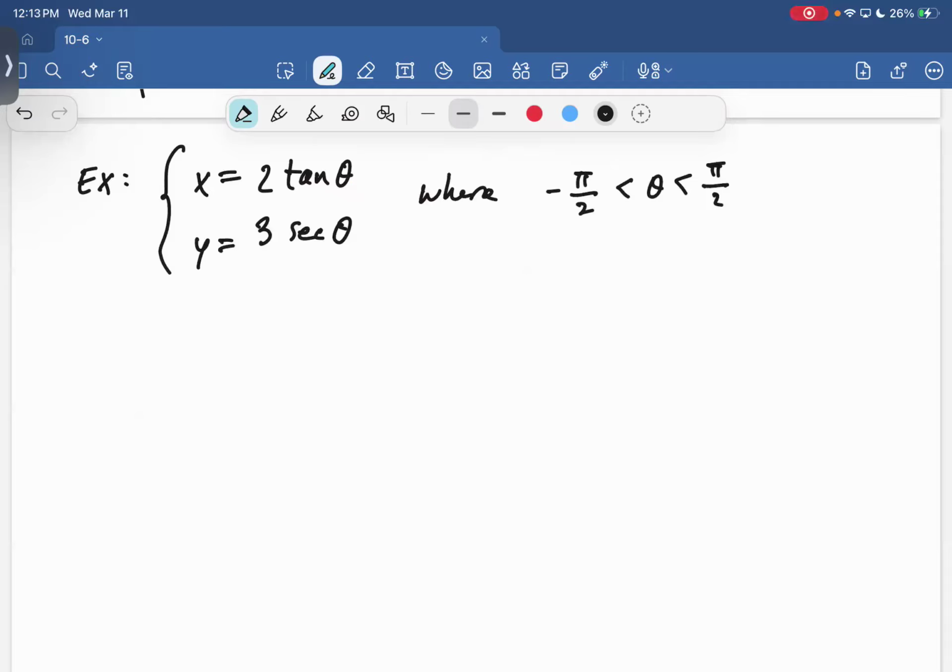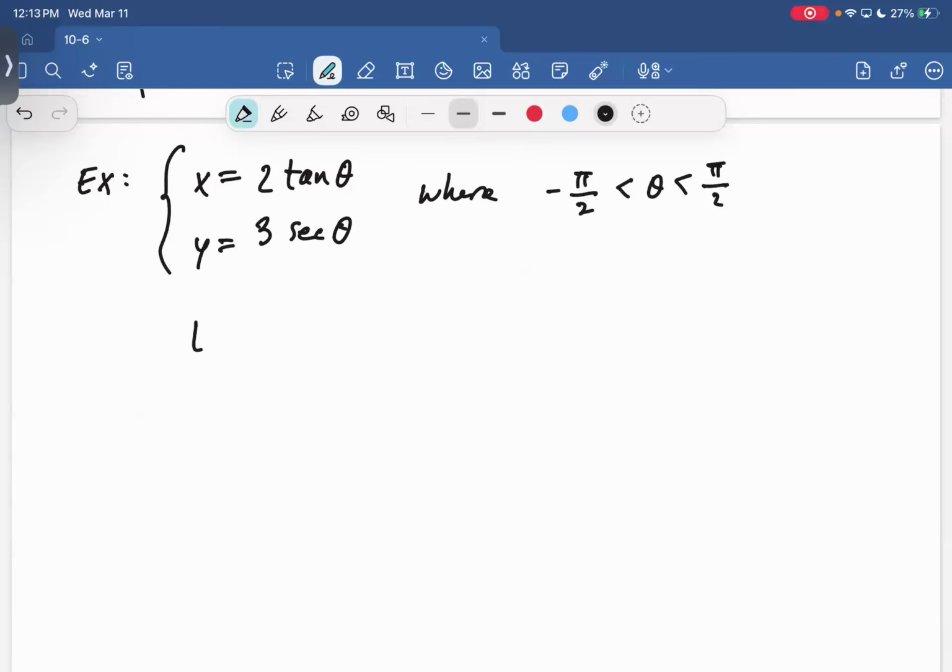Let's talk about questions E and F. So E and F are going to give us hyperbolas, but also there's an extra wrinkle, which is that theta is limited between a certain interval. Can anybody think about why it might be limited to a certain range or domain? Very good. That's because tangent and secant are both undefined when theta equals pi over 2 and negative pi over 2.